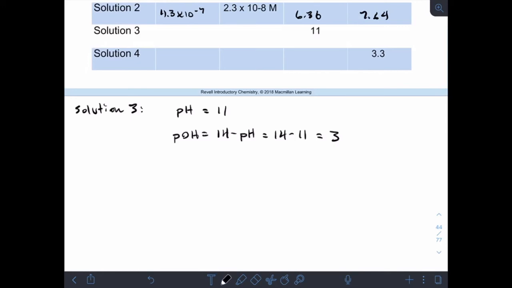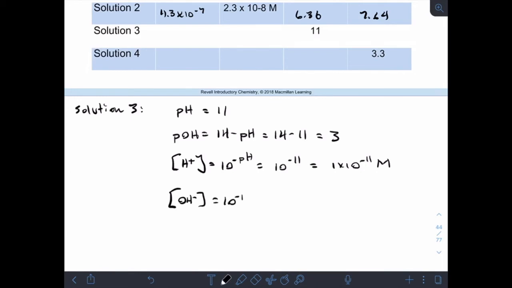So then my H plus, I can go backwards through the pH calculation, and we say H plus is 10 to the negative pH, right? So 10 to the negative 11 is the same thing as 1 times 10 to the minus 11 molar. And then we can do the same thing with the OH. We can go backwards through that. 10 to the negative pOH. So 10 to the negative 3, 1 times 10 to the minus 3.